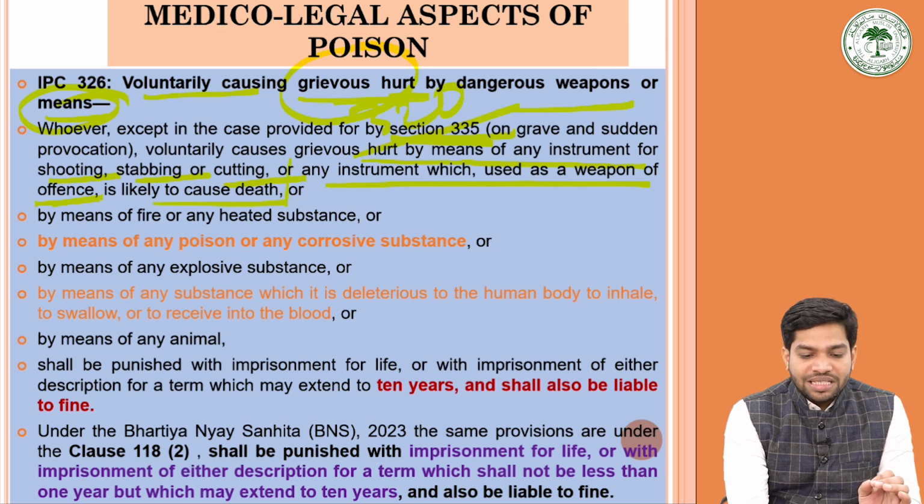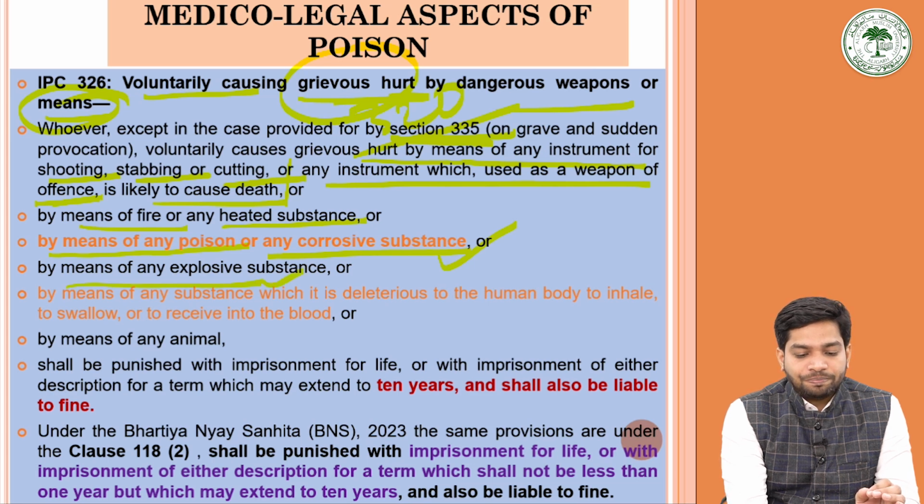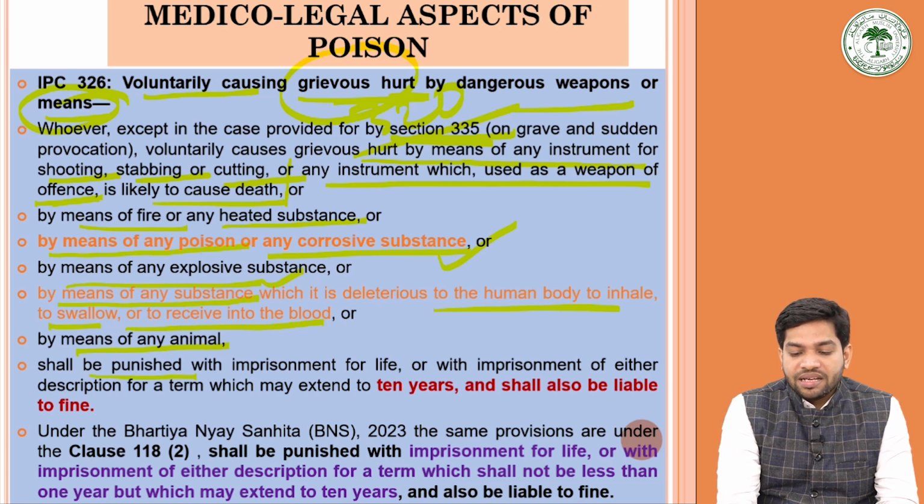And the dangerous means, these are the dangerous means of fire, any heated substance, by means of any poison or any corrosive substance. This is dangerous means. By means of any explosive substance, by means of any substance which is deleterious to human body to inhale, swallow or to receive into the blood, by means of any animal, shall be punished with imprisonment which may extend to 10 years and shall also be liable to fine.